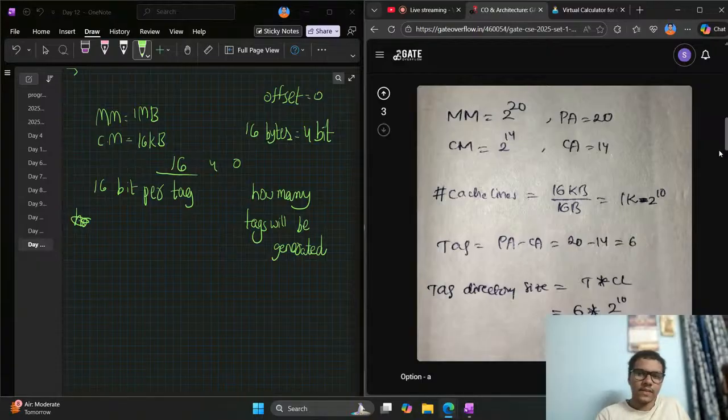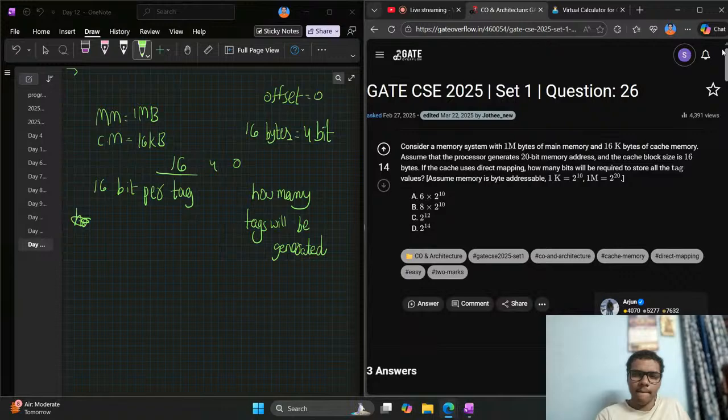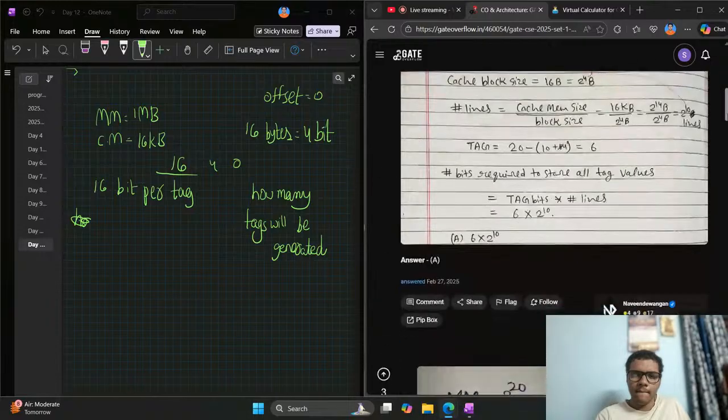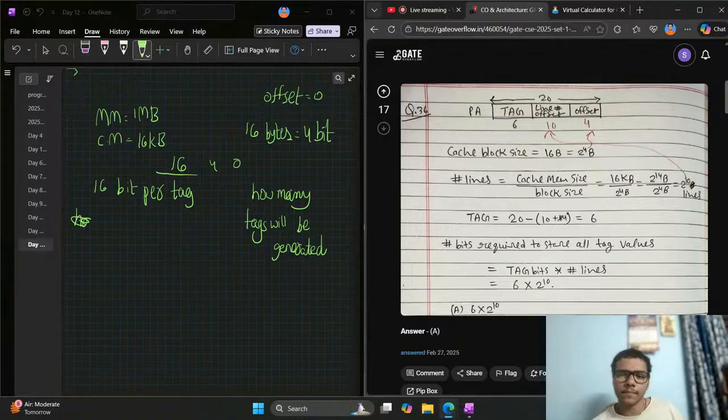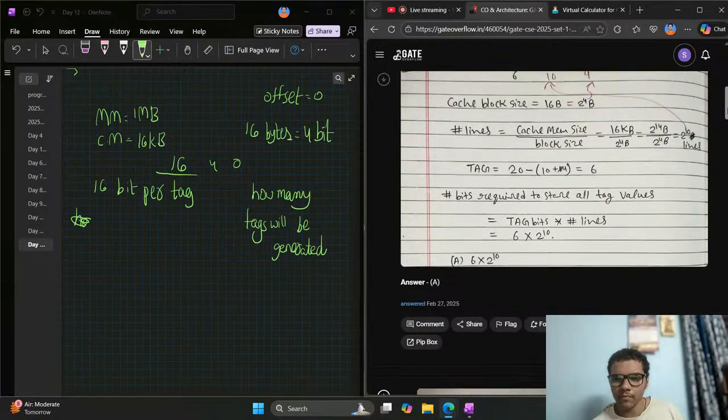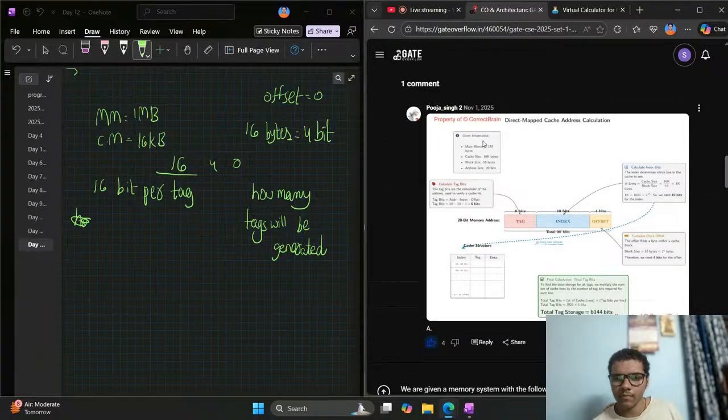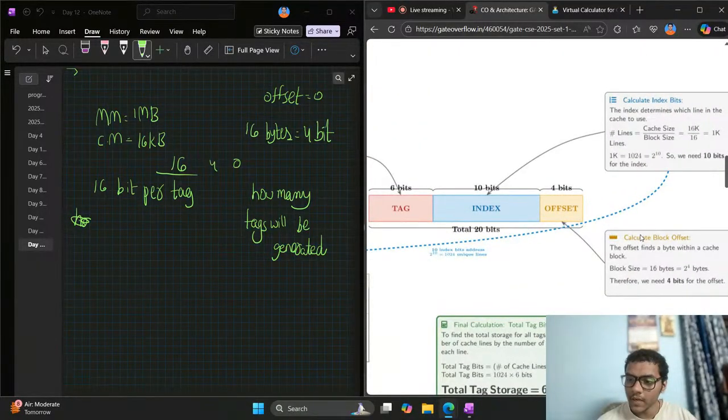Okay, cache block size is that. It finds a byte within a cache block.